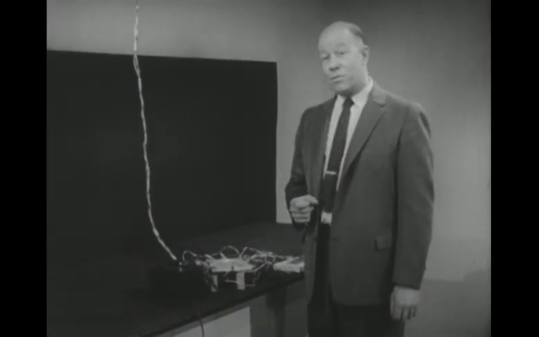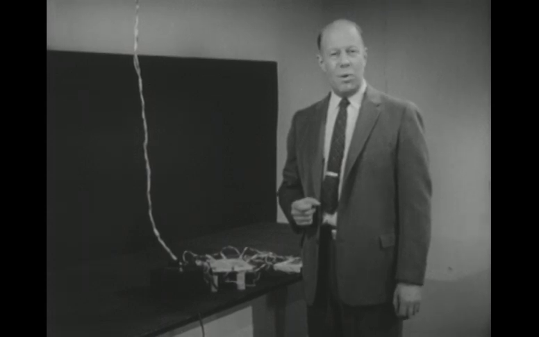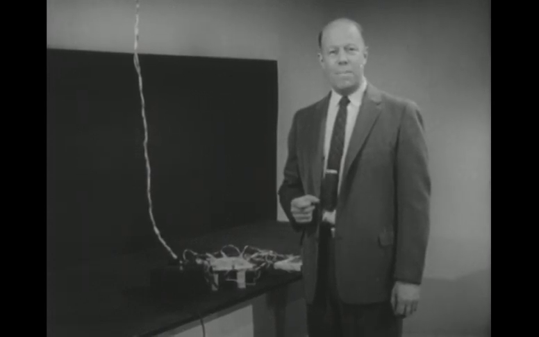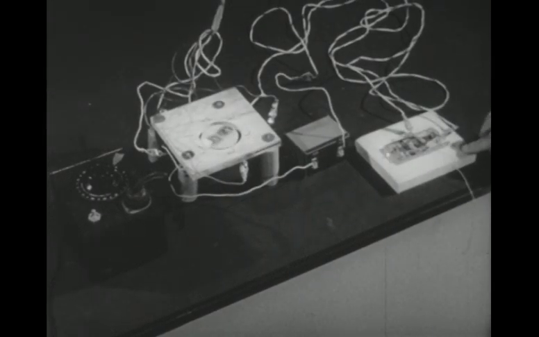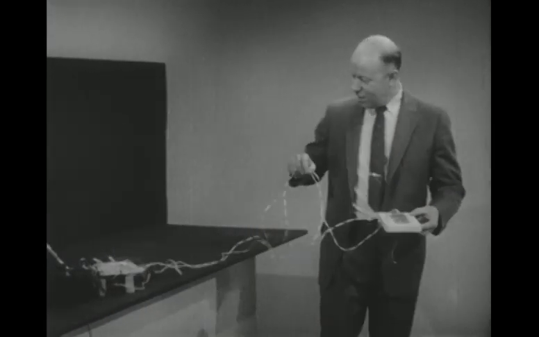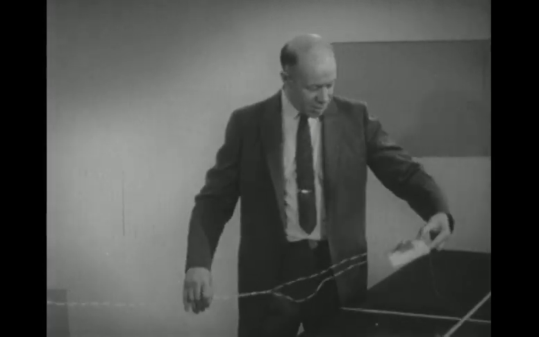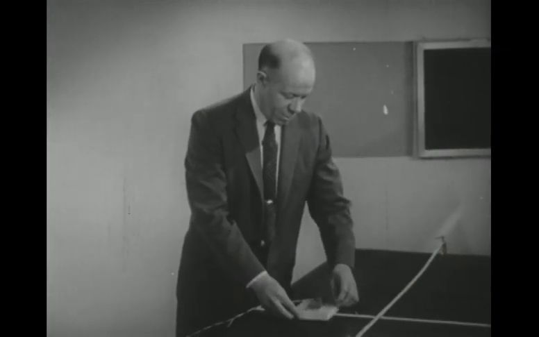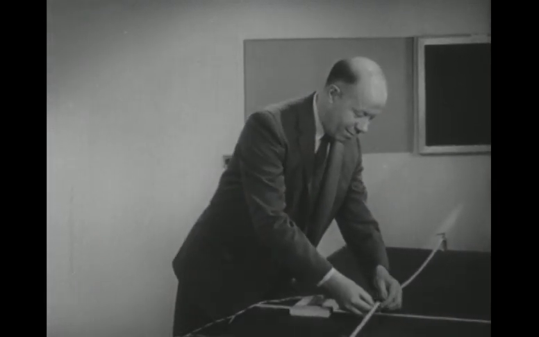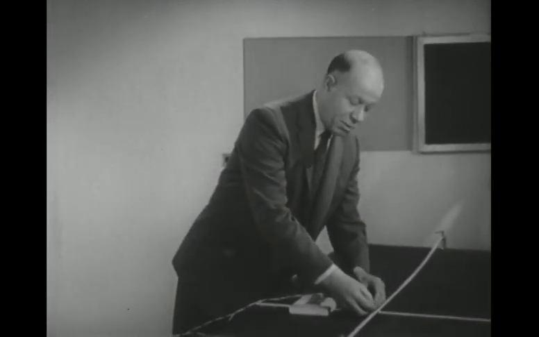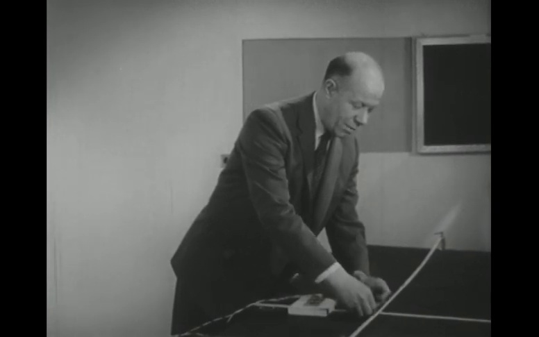Now, we don't want any of those flash bulbs to go off before the pulse is launched on its way, so I have included in that battery circuit a master switch, a mousetrap, which will be set off by the pulse itself, by the pull of this white thread when the pulse has reached this position on the table.